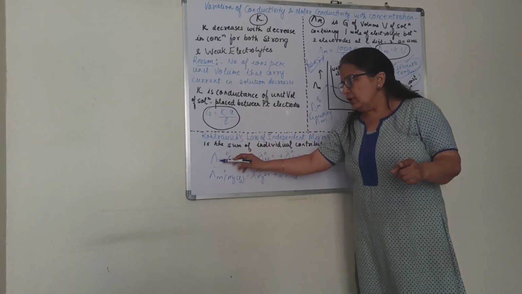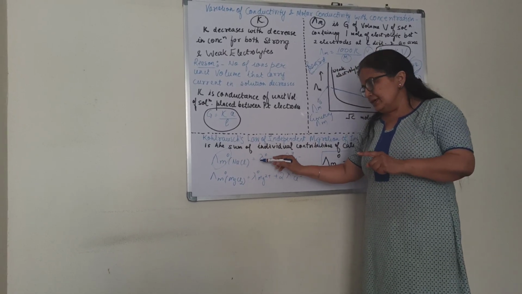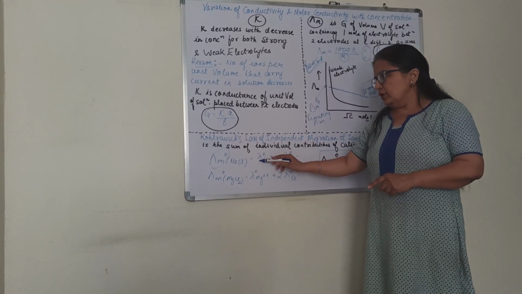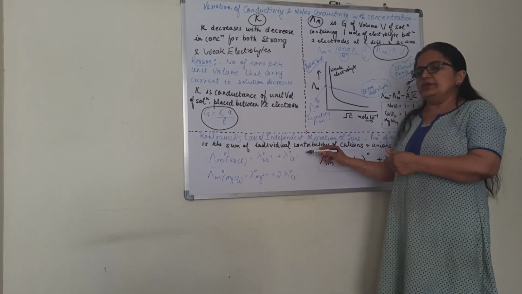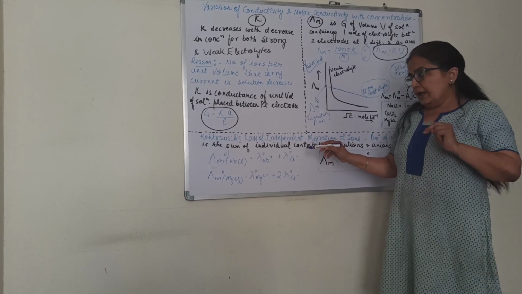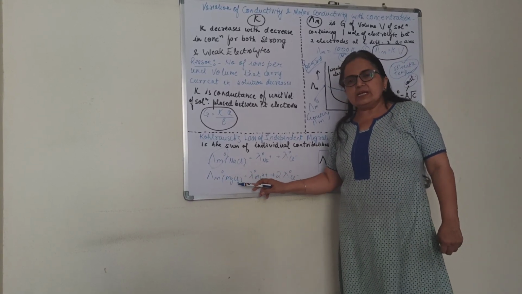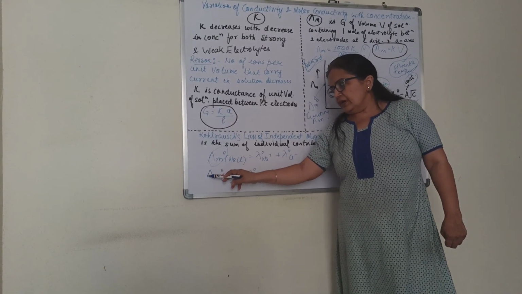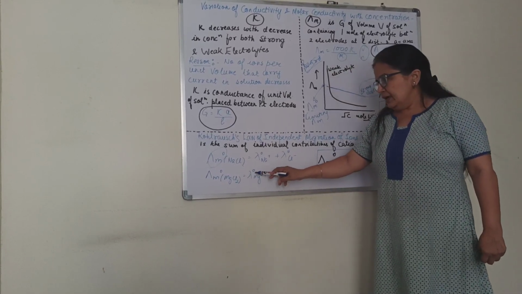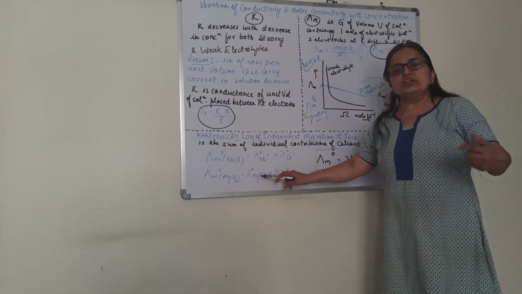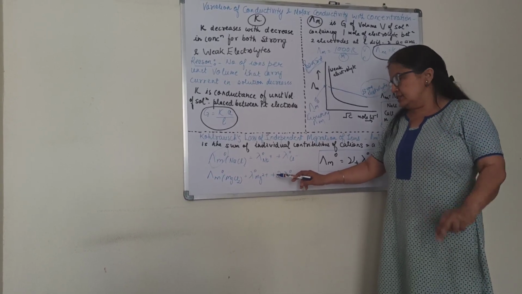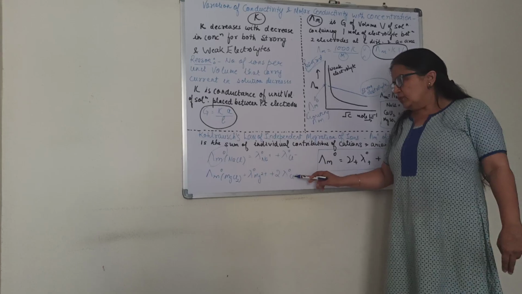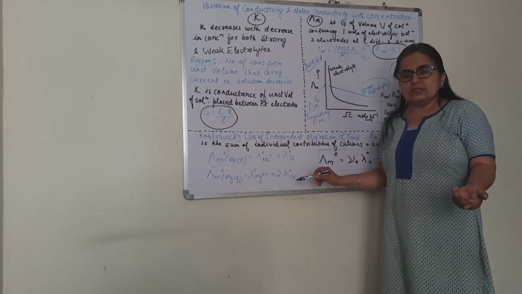So limiting molar conductivity of NaCl is equal to limiting molar conductivity of Na plus plus limiting molar conductivity of Cl minus. Likewise, if I write for MgCl2, the limiting molar conductivity of MgCl2 will be limiting molar conductivity of magnesium ion plus twice, because it is giving 2 chloride ions, twice of limiting molar conductivity of chloride ions.